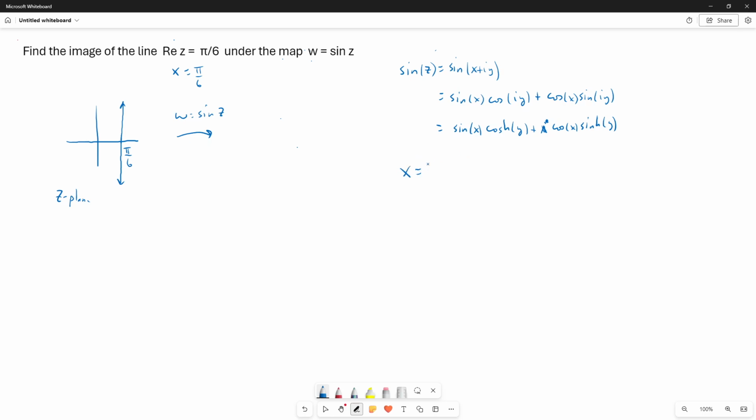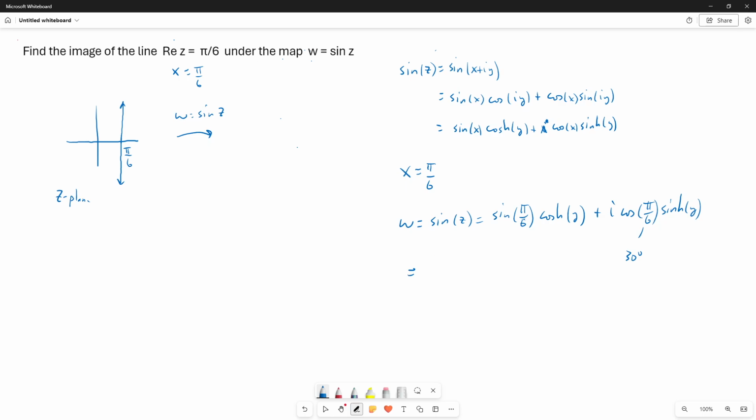That means that w, which is the sine of z, is equal to the sine of pi over 6 times the hyperbolic cosine of y. Y can be anything. And then plus i times the cosine of pi over 6, and that's 30 degrees also, times the hyperbolic sine of y.